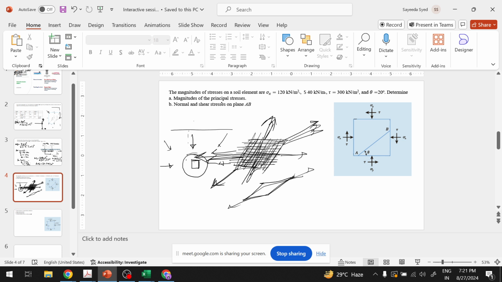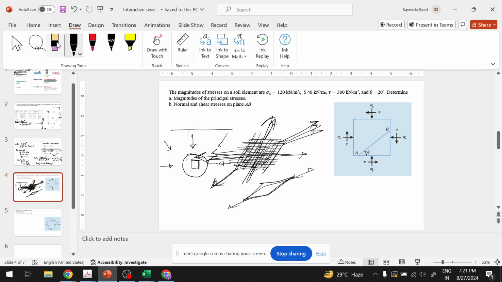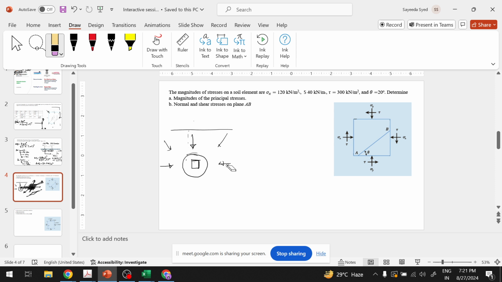So whatever force you apply on a body, in response there will be some stresses generated inside the body. The body that you have is a three-dimensional body. You can have an infinite number of planes that can pass through this body, isn't it?